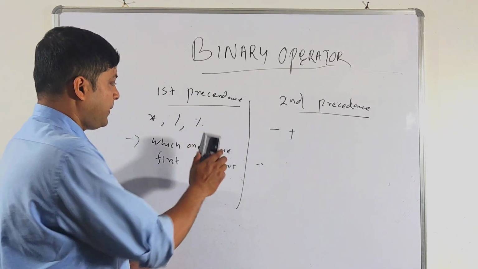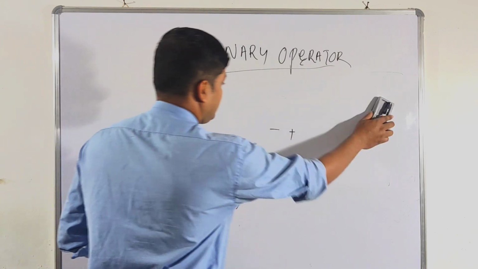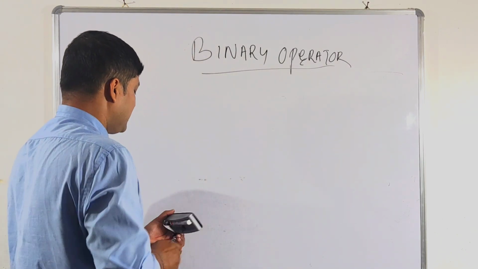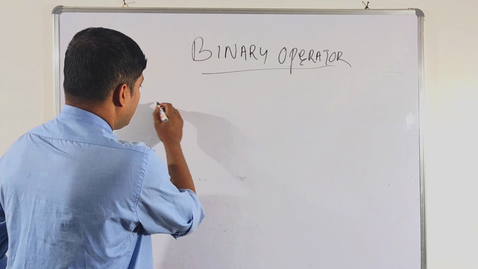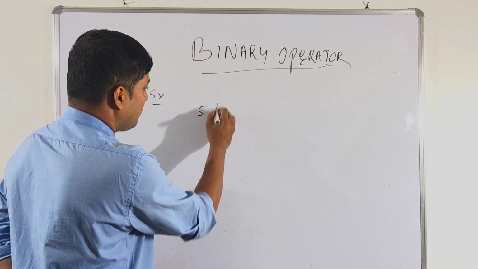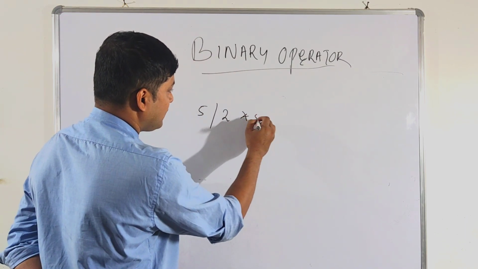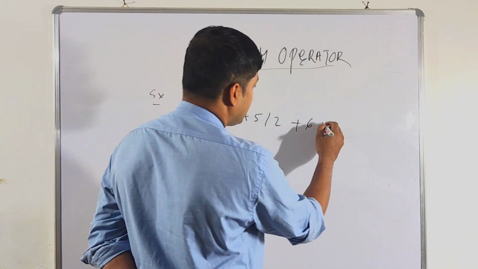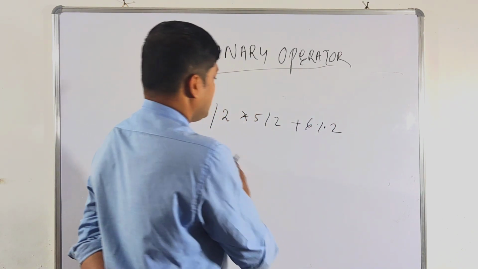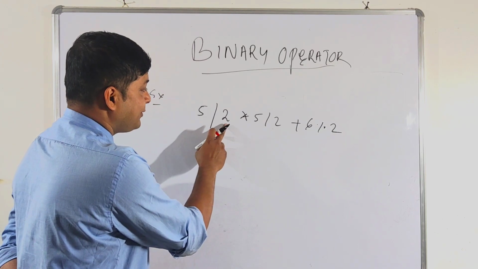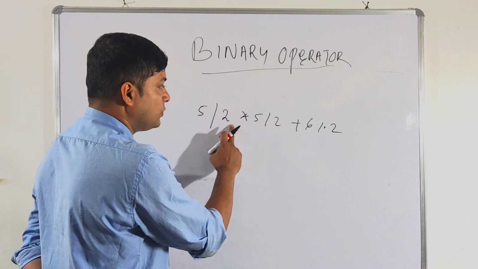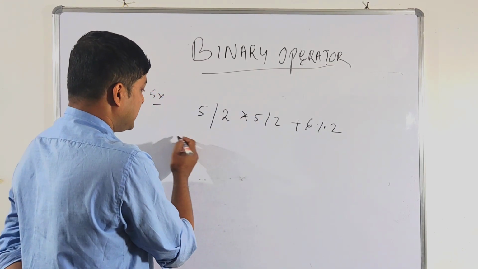One example. Suppose I am writing 5 straight division 2 into 5 straight division 2 plus 6 modular division 2. Don't write like that, 5 straight division 2 is 2, 2 into 2 is 4.